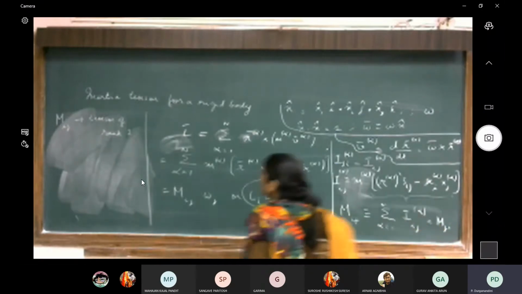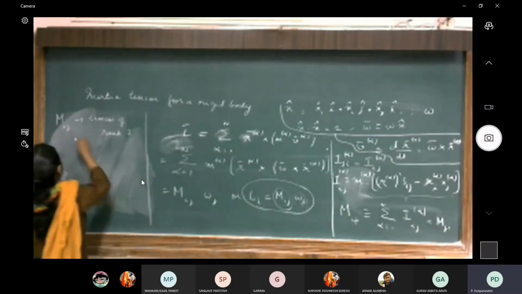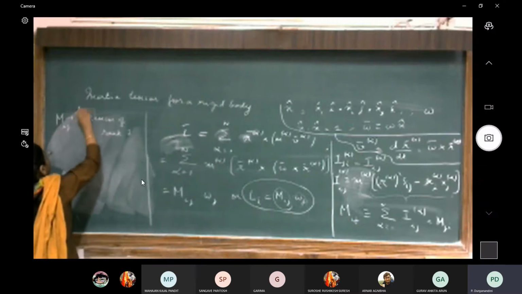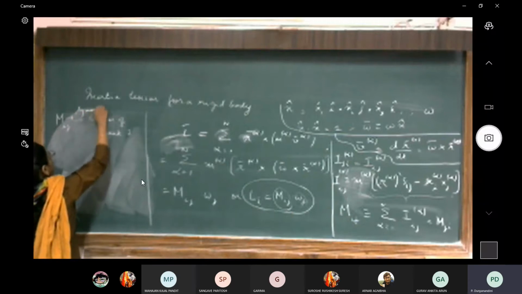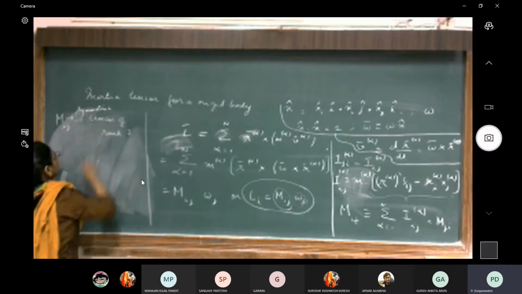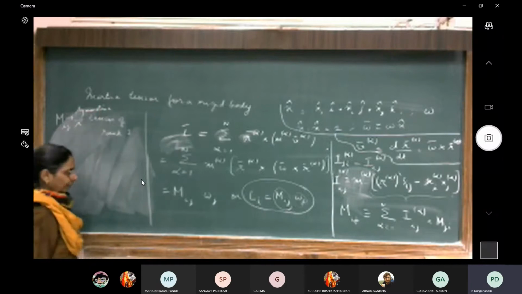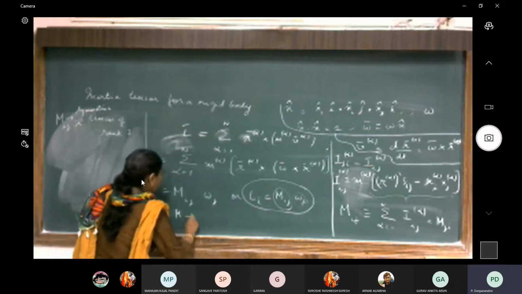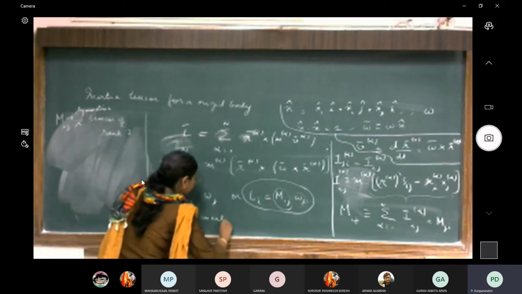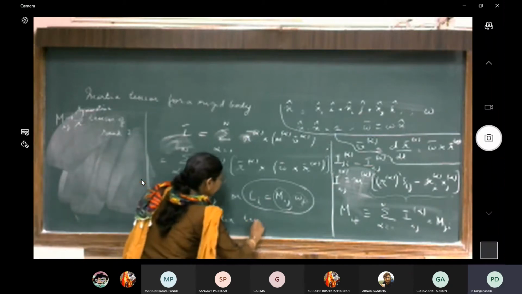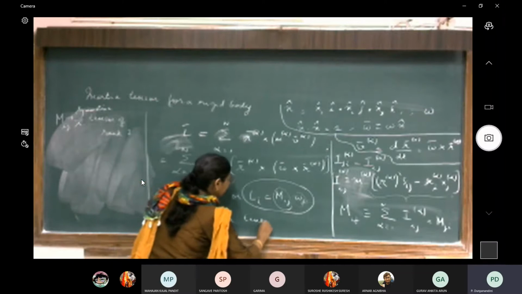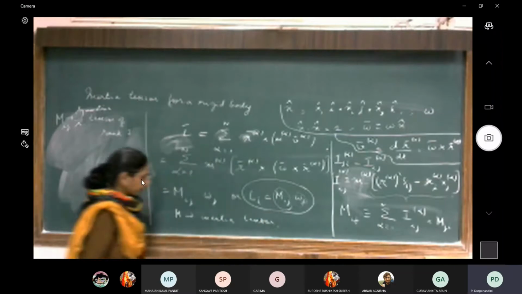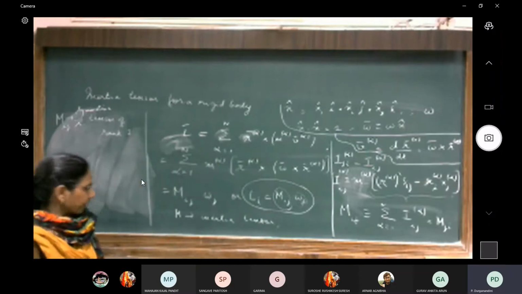So what we find therefore is that this is a symmetric tensor of rank 2. And this particular tensor M is called the inertia tensor. So the inertia tensor is a rank 2 tensor, which is symmetric.